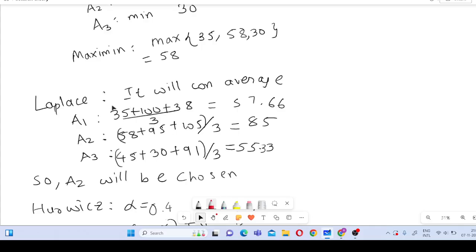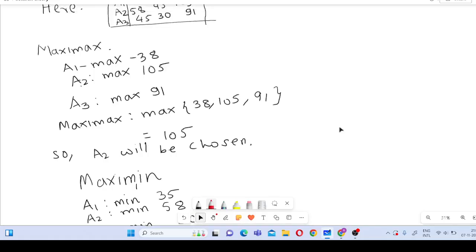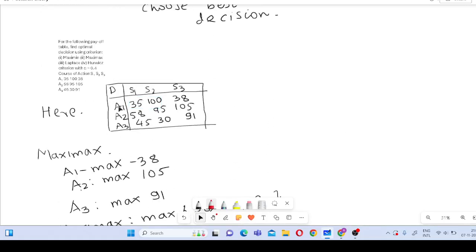Whichever average is greater, that action he will choose. For example, this was our matrix. In this matrix, for action A1, he has taken the average: 35 plus 100 plus 38 divided by 3.